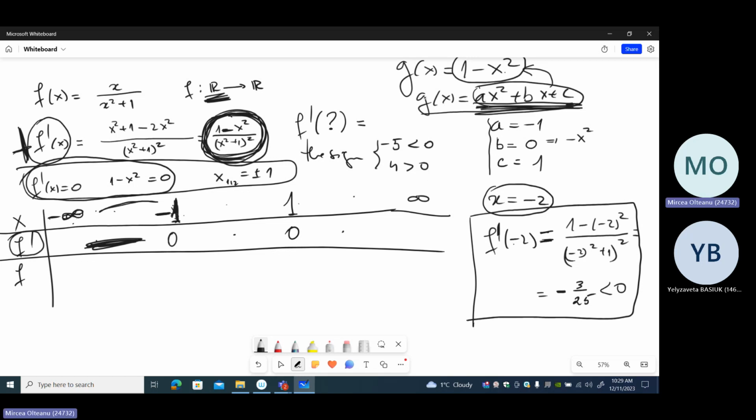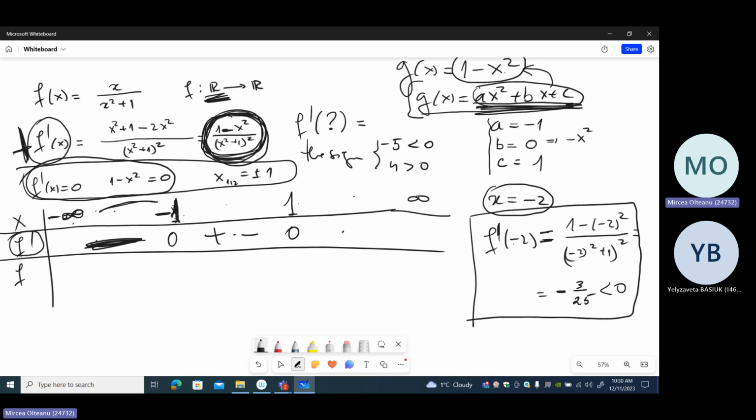According to the theory of the sign of the quadratic function, what sign do we have on -1, 1? The theory says that you have a sign which is opposite to the sign of A. So it's positive.